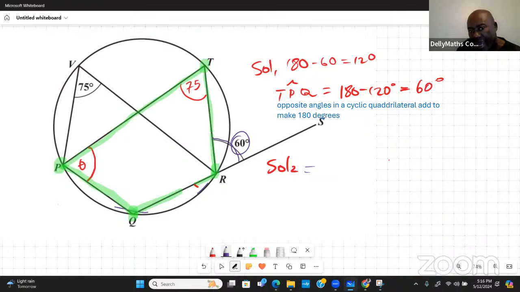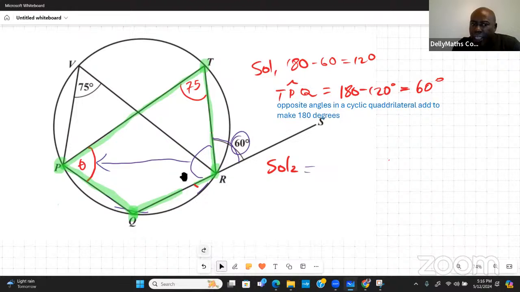This is an exterior angle of the cyclic quad. The exterior angle of a cyclic quad is equal to its interior opposite. Let's go again. The exterior angle of a cyclic quad is equal to its interior opposite. So this is the interior for it right here, which is diagonally across there, 60 degrees. So if I just write 60 degrees for my answer, then I have to say this.